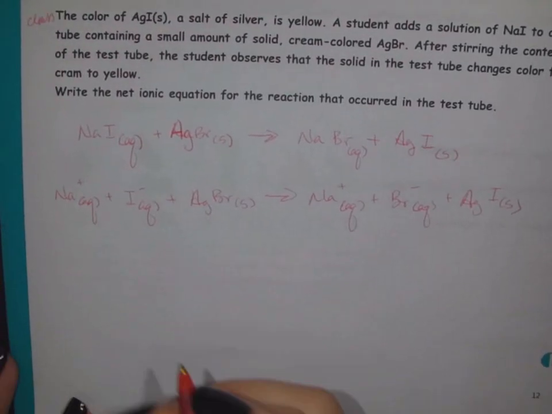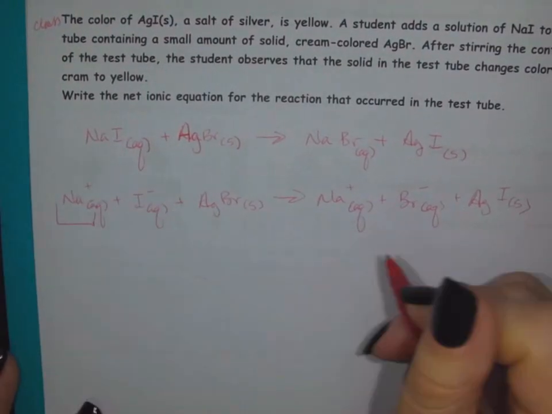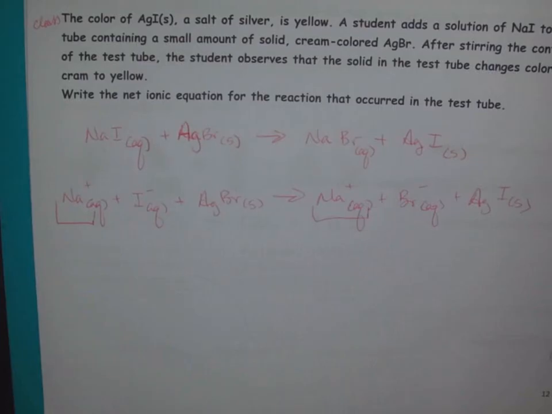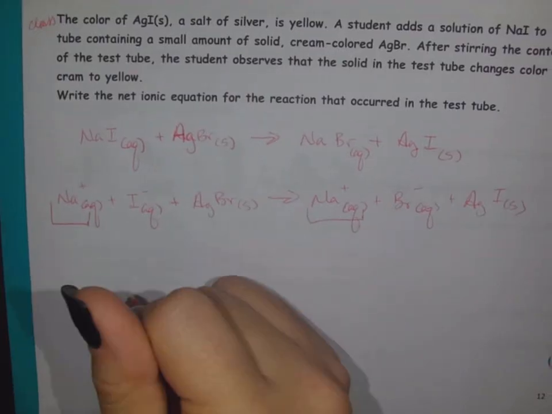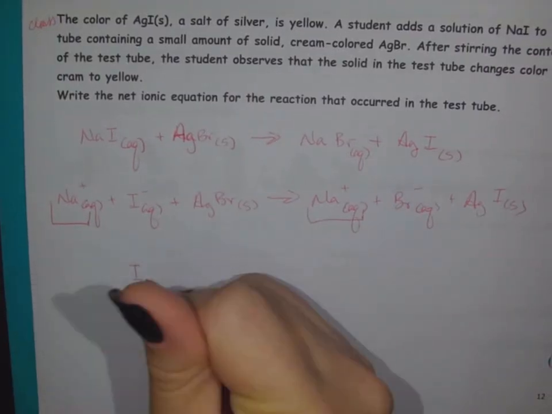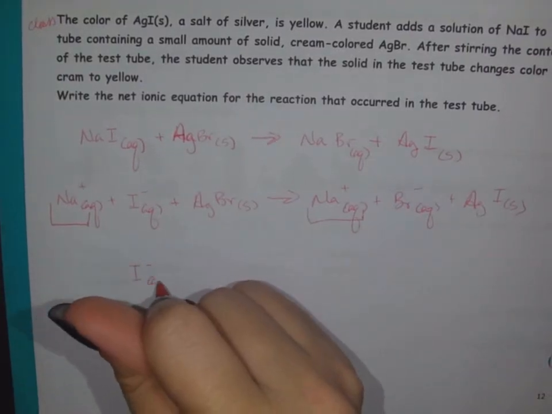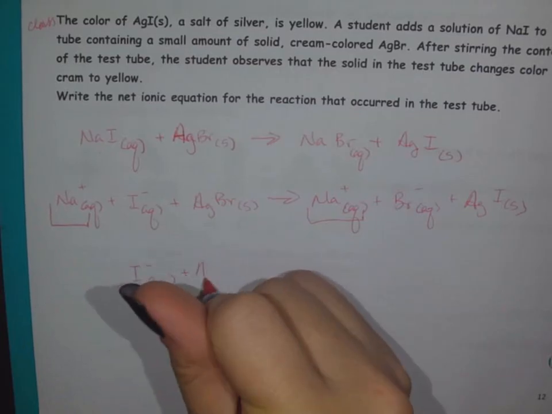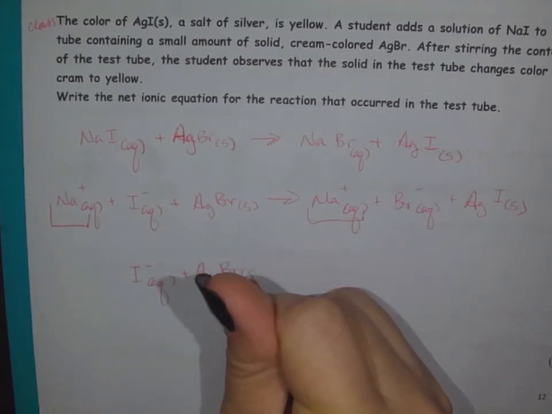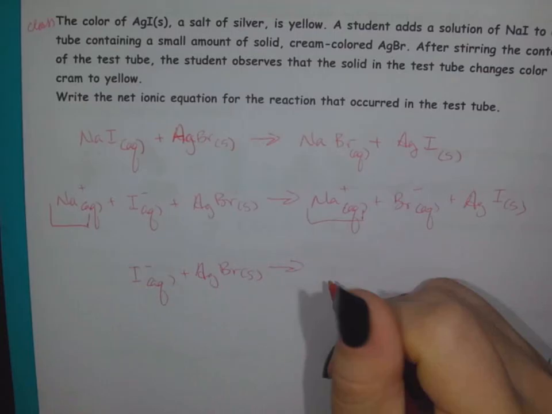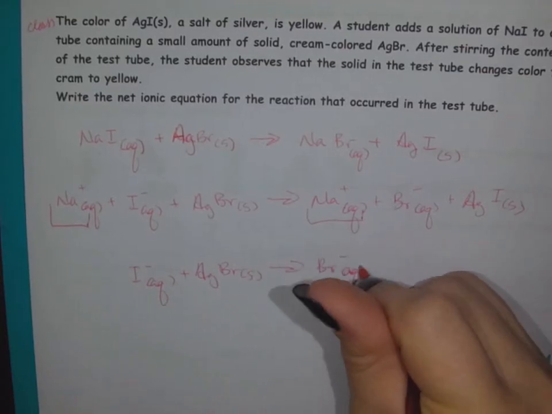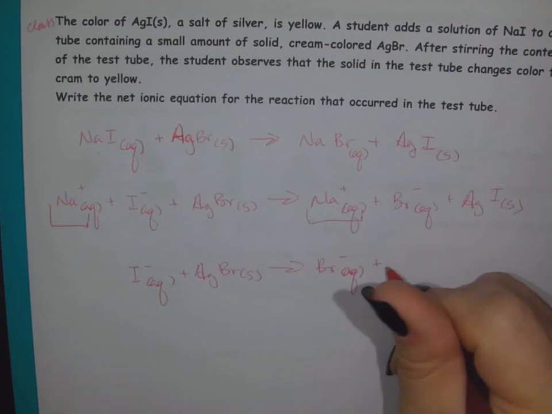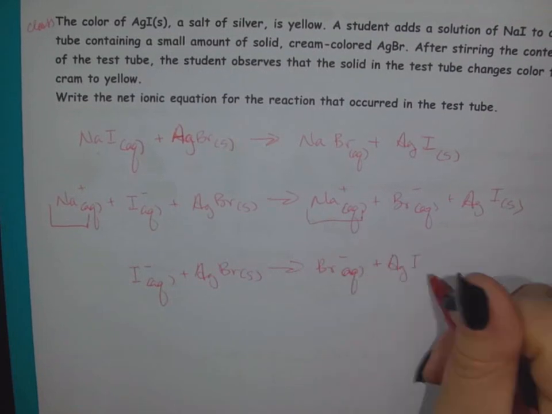And this go around, there's only one spectator ion. There's only one ion that's present at the beginning and the end that we can cancel, and so our net ionic is iodide minus aqueous plus silver bromide solid turns into bromide minus aqueous plus silver iodide solid.